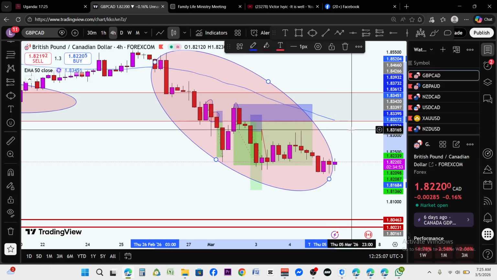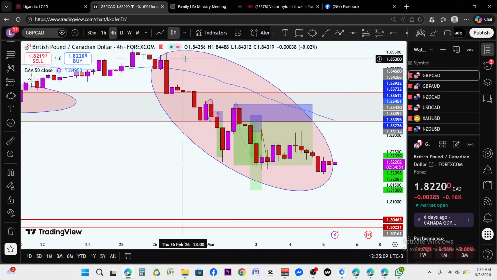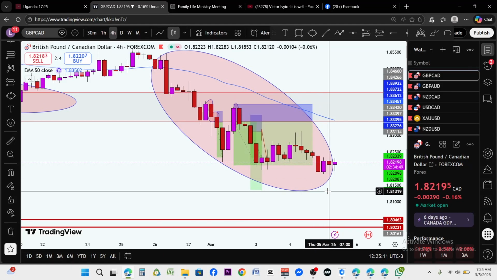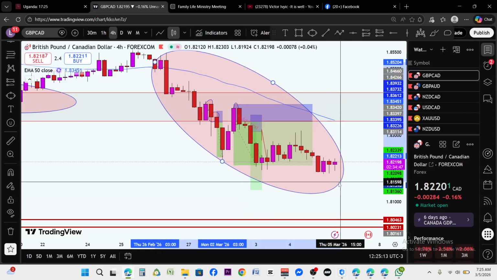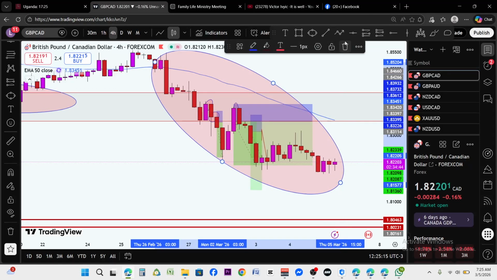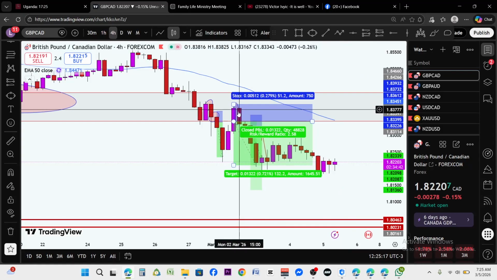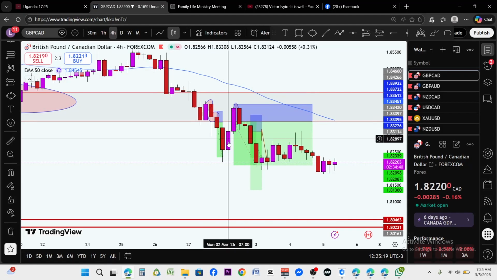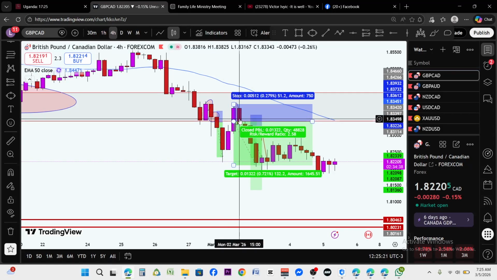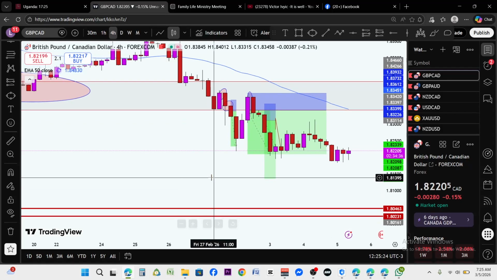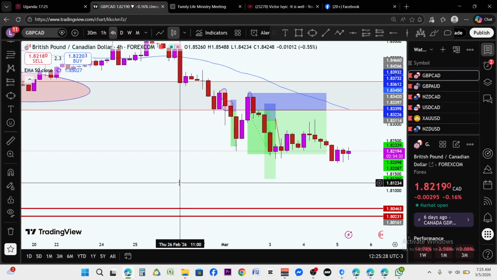Where is this market heading to? I find that this market is heading bearish, as a downtrend market. Then from there I mark my zone here. Then the market pulls back, gives me my entry signal, then I enter. Don't combine with direction.